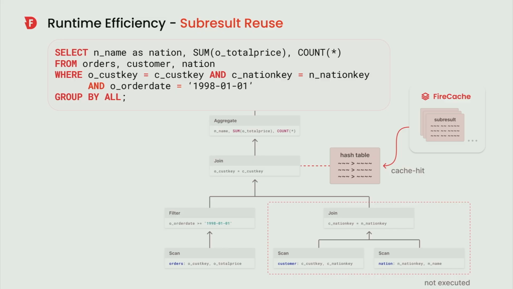What Firebolt does now is each plan fragment within your query plan is fingerprinted with something similar to a cryptographic hash function. We basically take the snapshot that your base tables are running on and then propagate this hash upwards through the query plan to tag every node in the query plan with a respective hash.